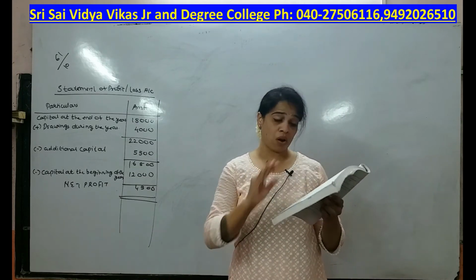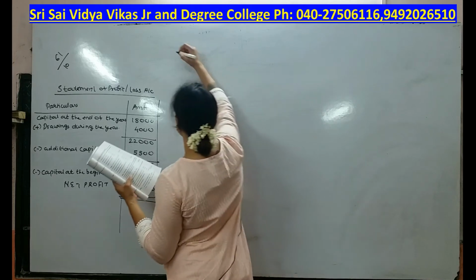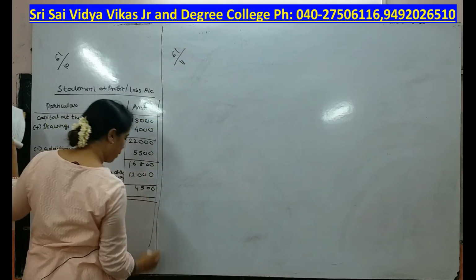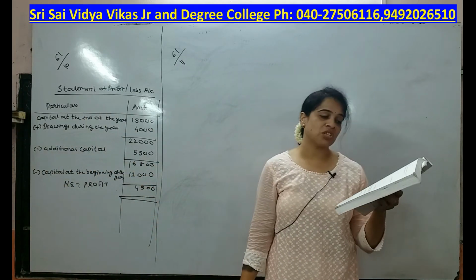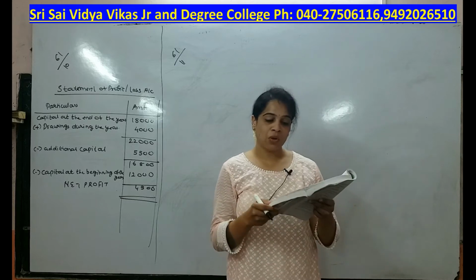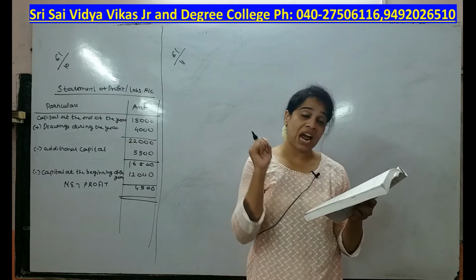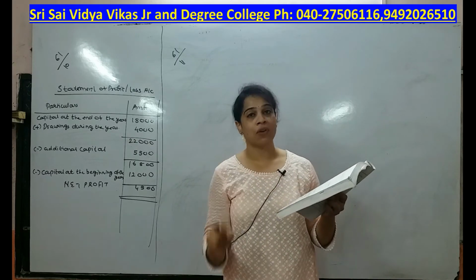Now have a look at problem number 11, students, page number 61. We are going to do all the problems. Problem number 11: Mr. Nikhil started his business with a capital of 24,000.